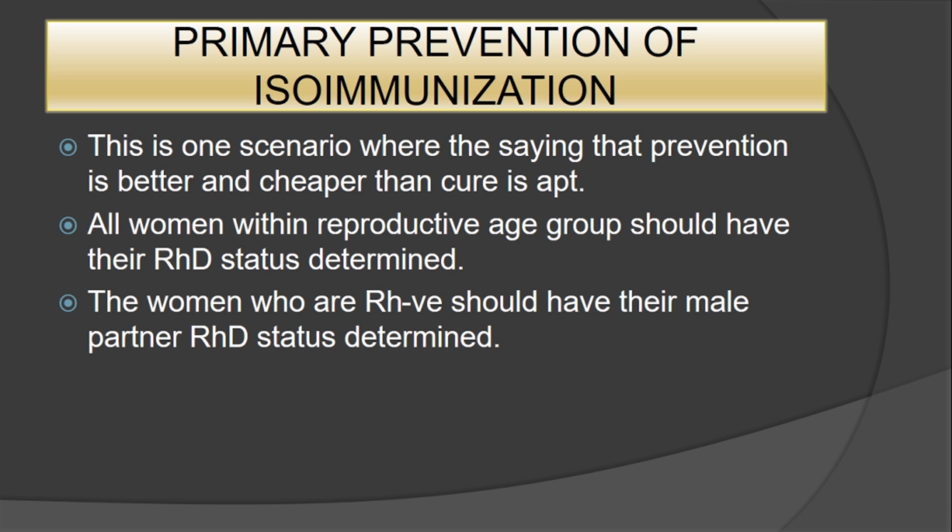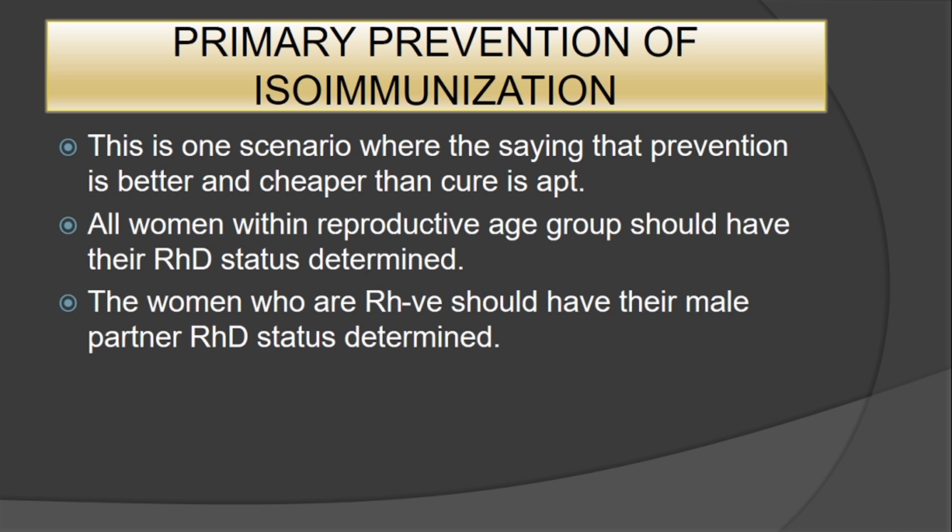Now, how do we go about this primary prevention of isoimmunization? All women within the reproductive age group should have their blood group and Rh status determined. That means we should be able to know whether a woman is Rhesus negative or Rhesus positive.